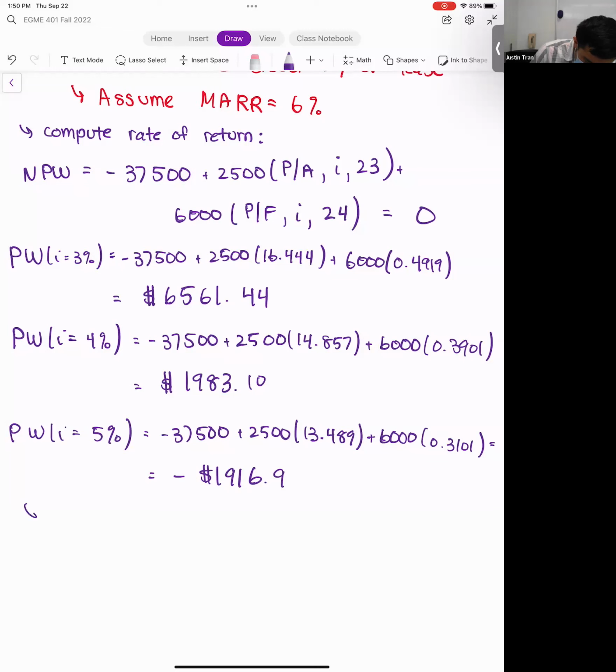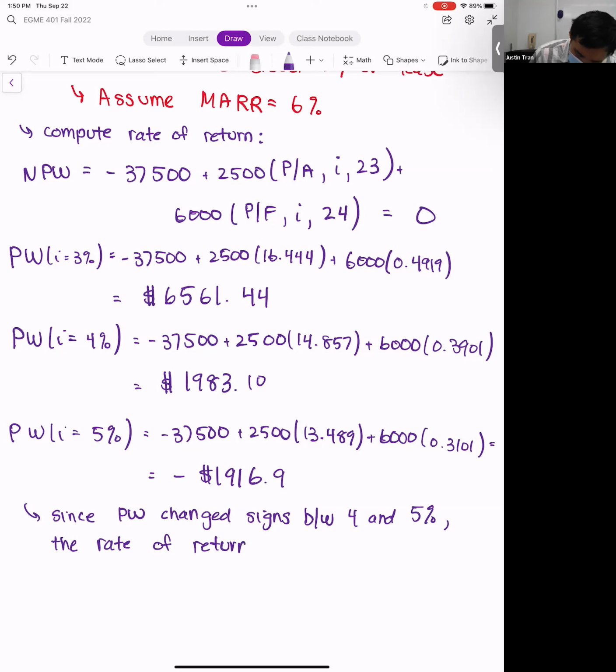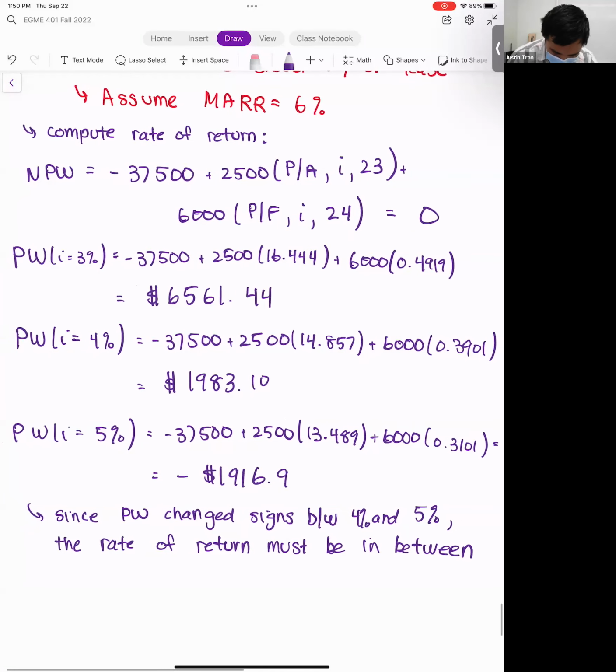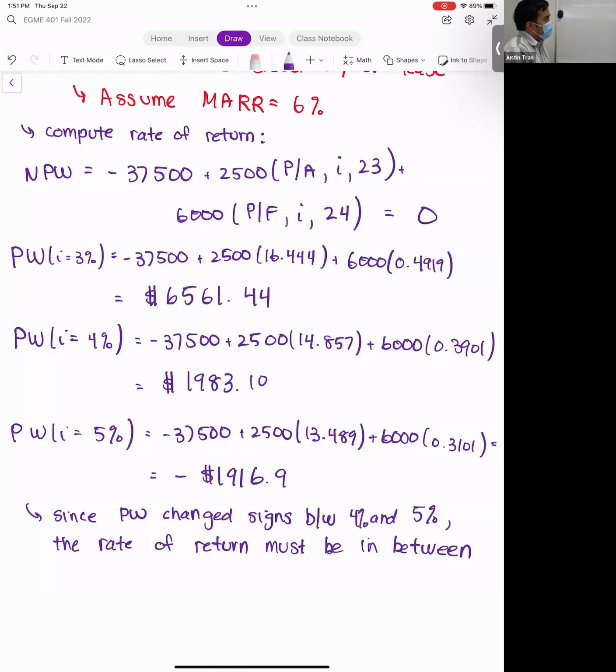And just like we did with the example on Tuesday, let's go ahead and interpolate and find the true rate of return.